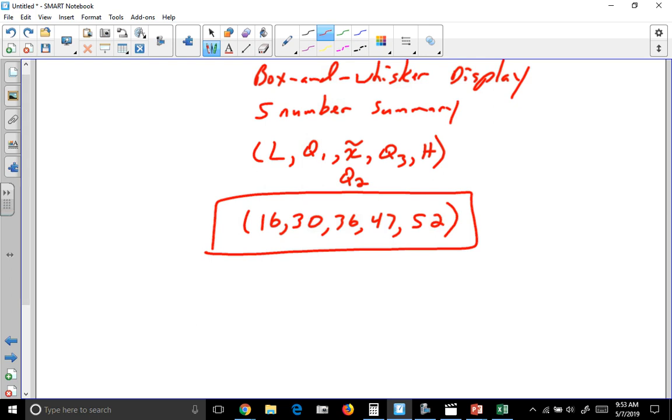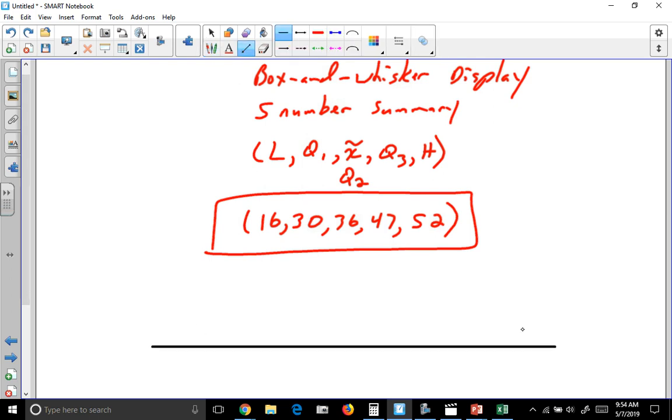A box whisker display is a visual representation of that. If we make a scale, let's go 10, 20, 30, 40, 50. A box and whisker display consists of a box and whiskers.